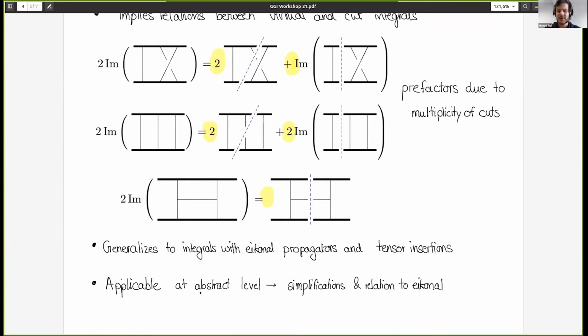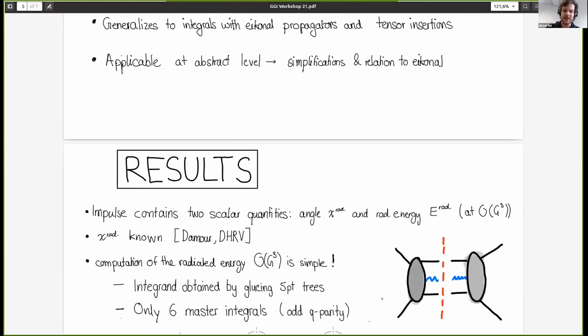And as Enrico already said, we can use these relations already at the abstract level. They should in some way also hold for the amplitudes, and this allows for the simplifications which we described in our paper, and which also shows some relation to the eikonal, for example, with this tree cube subtraction that we saw on one of Enrico's slides.